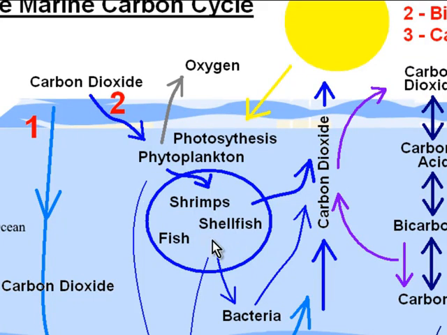And as they sink to the bottom of the ocean, they decay. The bacteria eats them, biodegrades them, and the bacteria once again breathe out the carbon dioxide, which can find its way out of the ocean back into the atmosphere again. Okay, so that was the biological pump there.